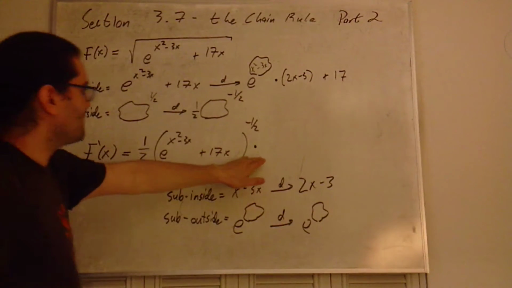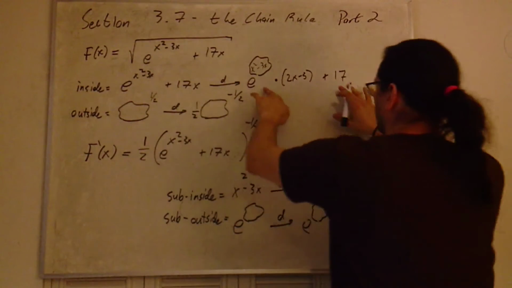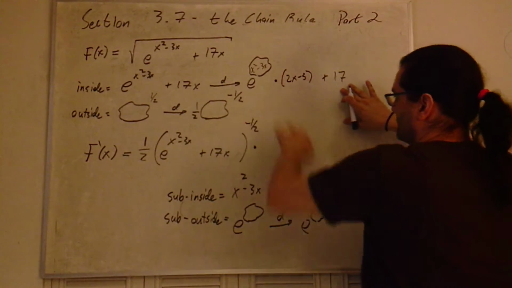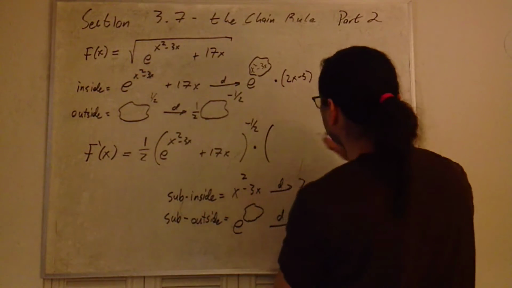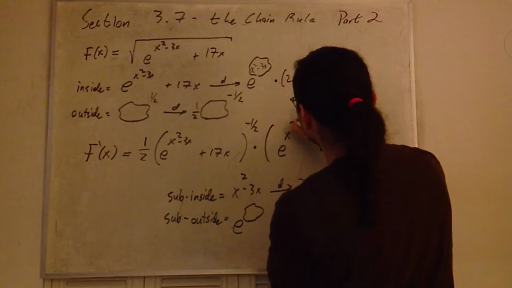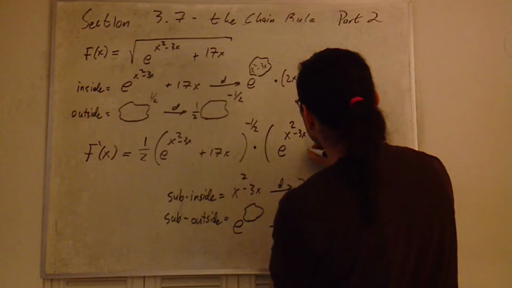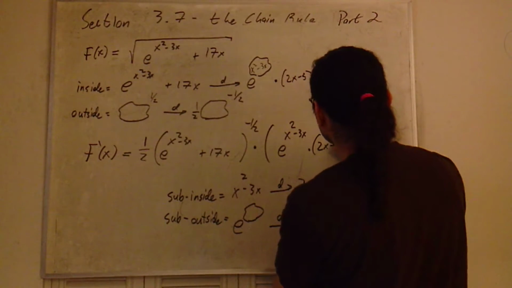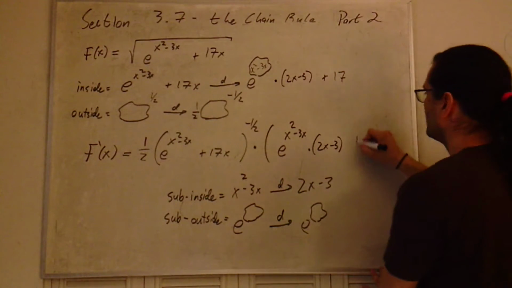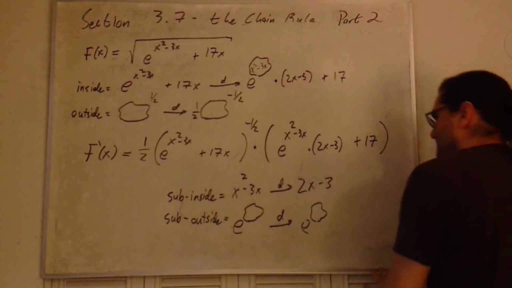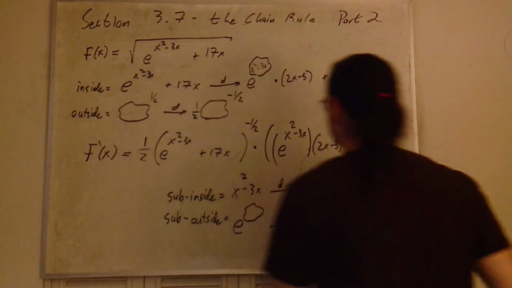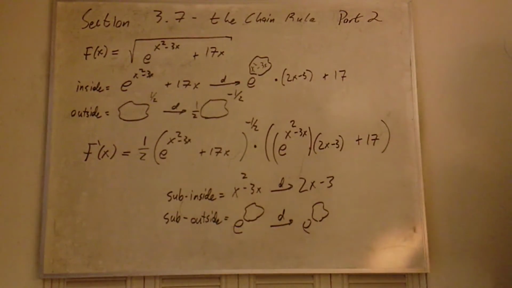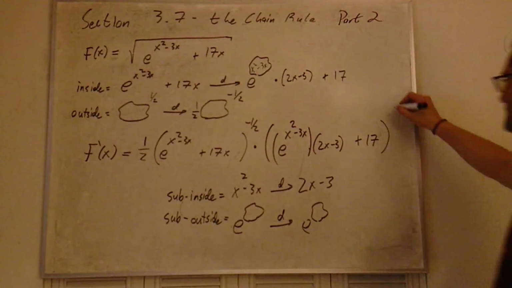We multiply this by the derivative of the inside, which we found using a subchain rule. So this is getting multiplied by e to the x squared minus 3x times 2x minus 3 plus 17. I'll use parentheses here as well. That's it.